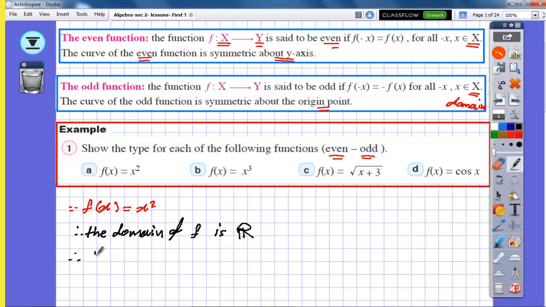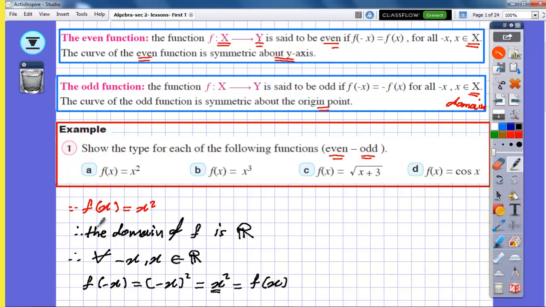So for every negative x and x belonging to R, R is the domain, we have f of negative x equals negative x squared, which equals x squared, but x squared equals f of x.